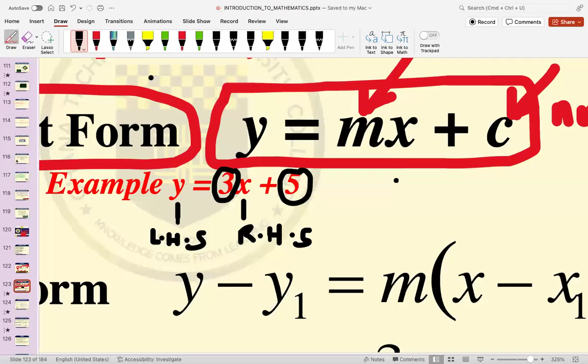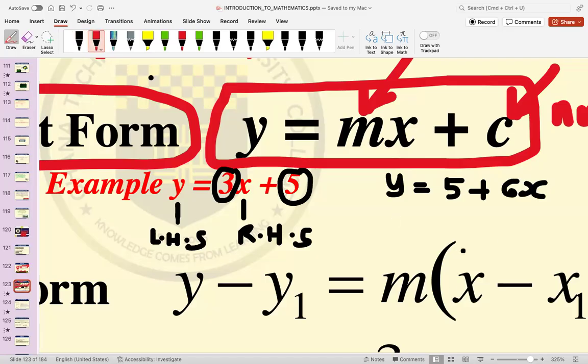Another example. Y is equal to 5 plus 6x.